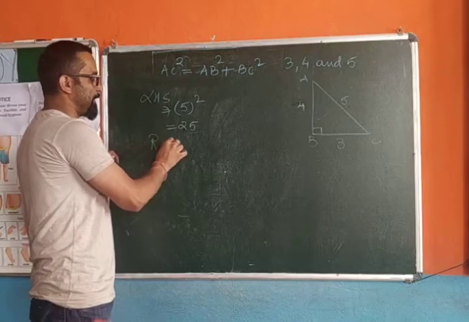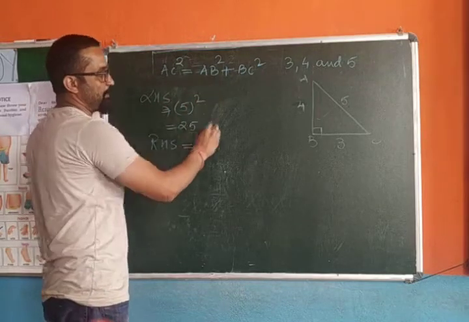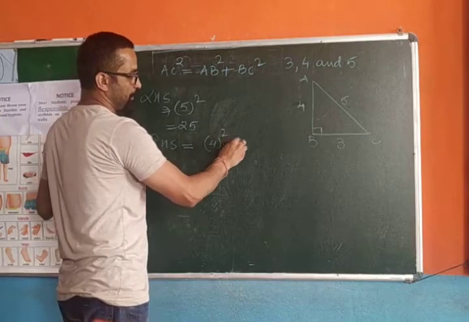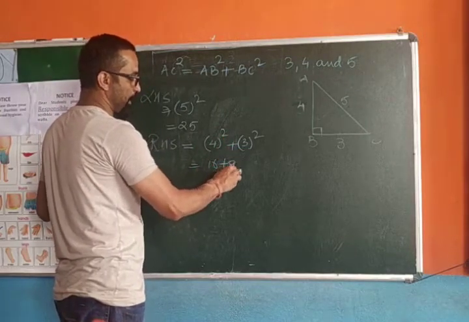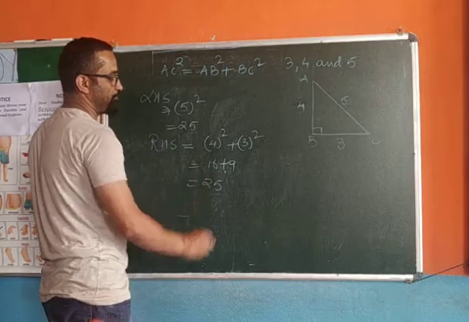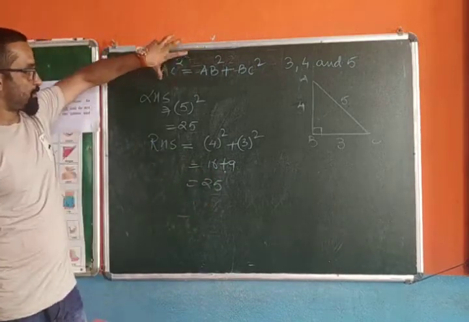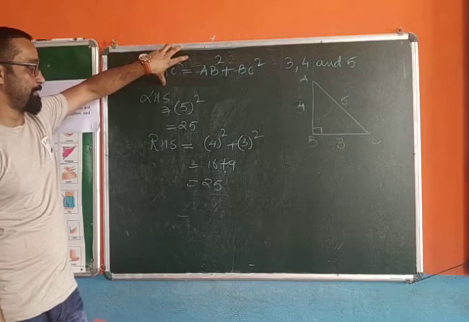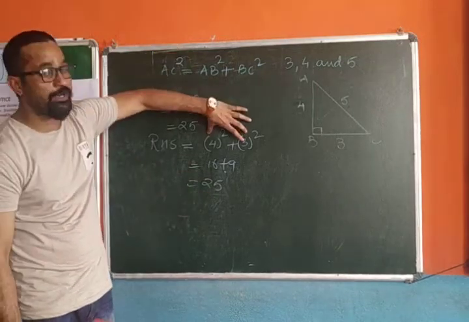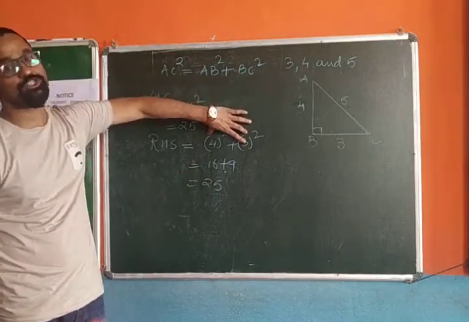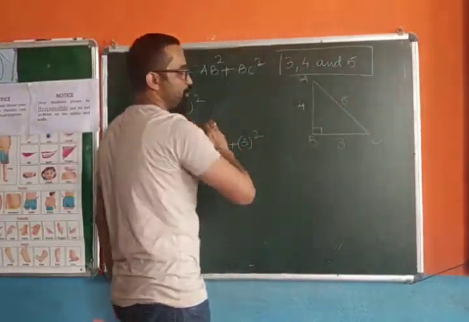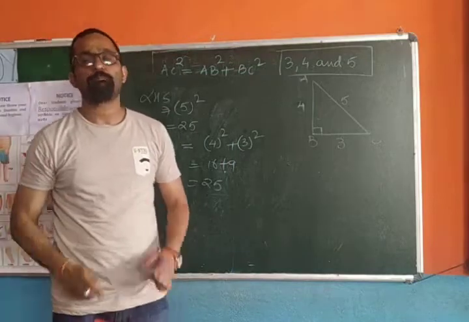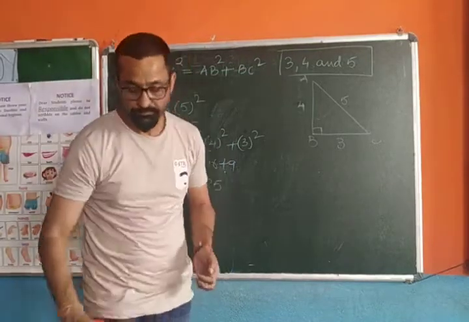Similarly, we take the right hand side. AB is 4 square, 3 square, which is 16 plus 9, equal to 25. The square of the hypotenuse is equal to the sum of the squares of the other two sides. Means these three numbers verify Pythagoras theorem.